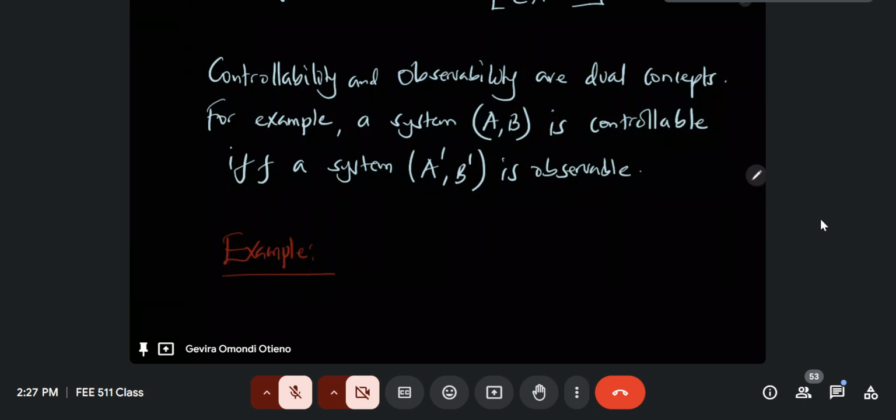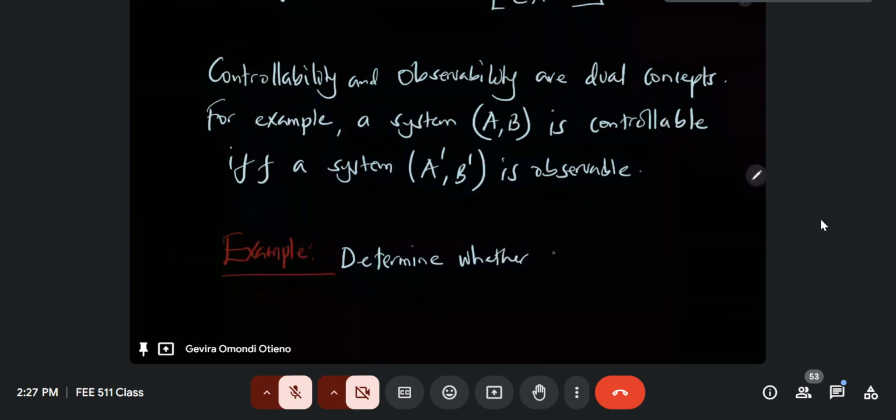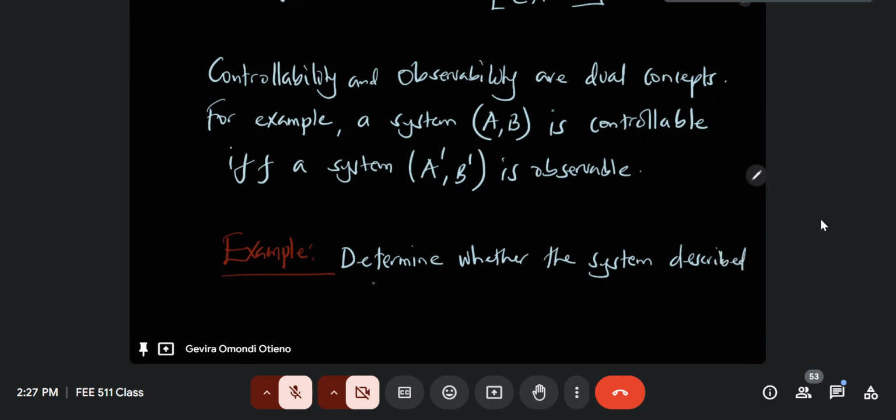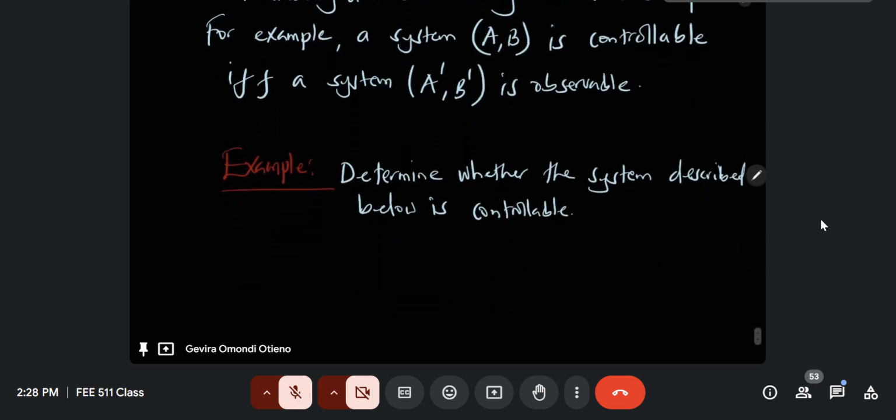So this question states, determine whether the system described below is controllable. The system is described as follows.